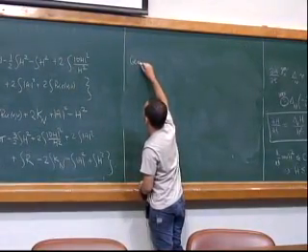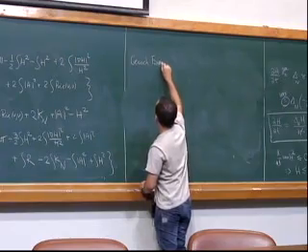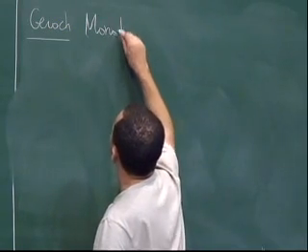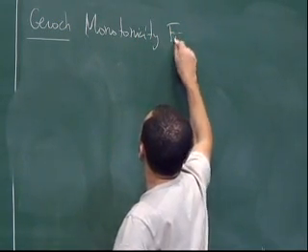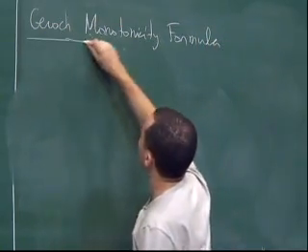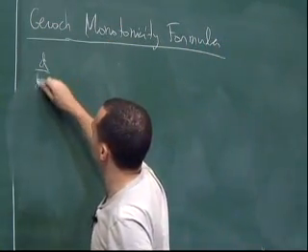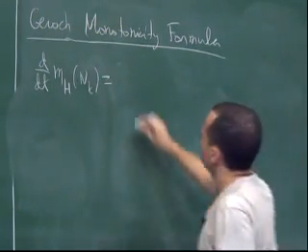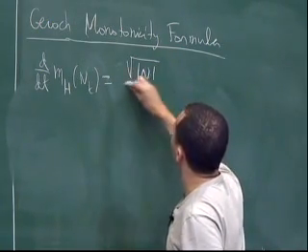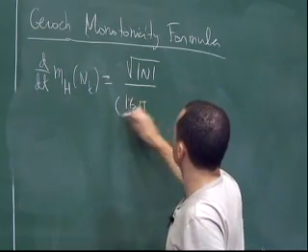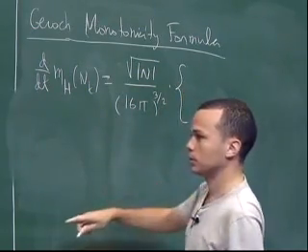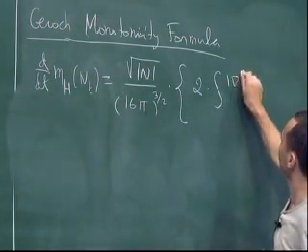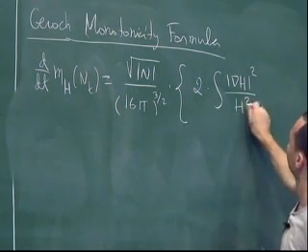So that's actually the Geroch formula, or if you want, Geroch monotonicity formula: the first derivative of the Hawking mass of the surface is going to be equal to the square root of the area divided by this constant, times, I have this guy here, twice the gradient of H squared divided by H squared over n.